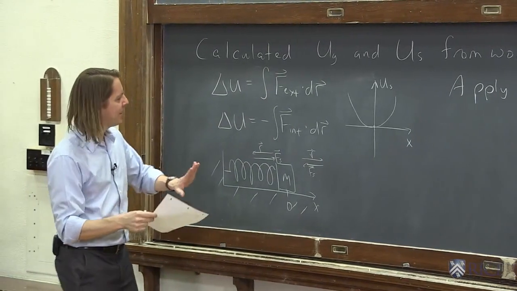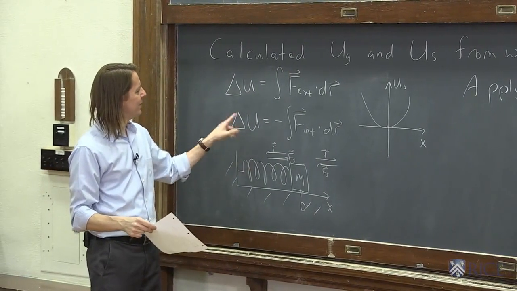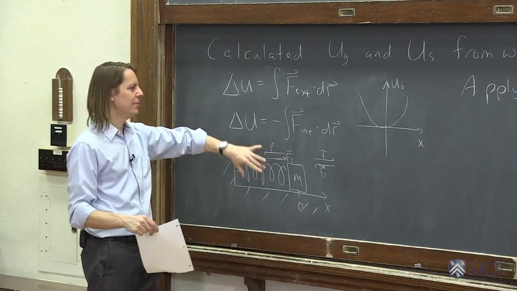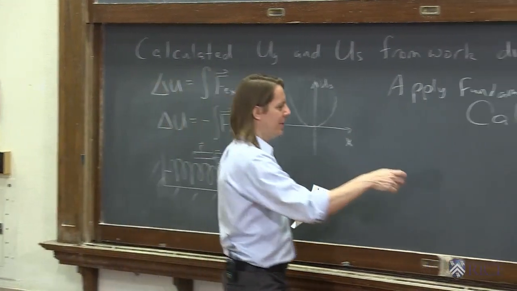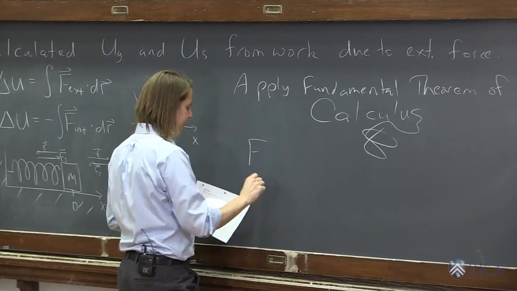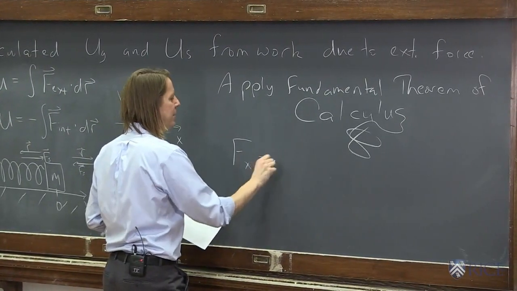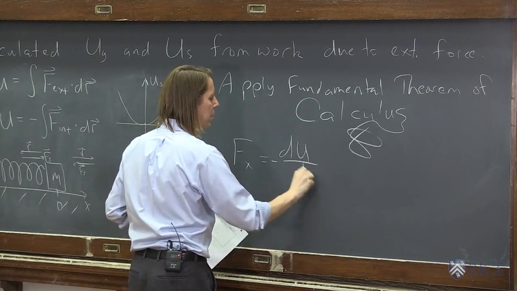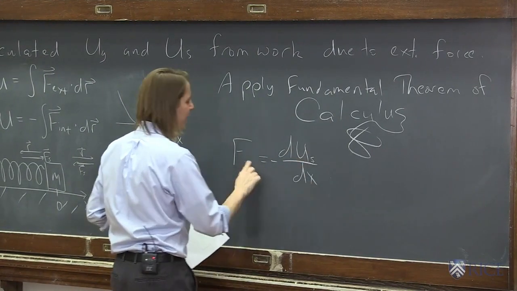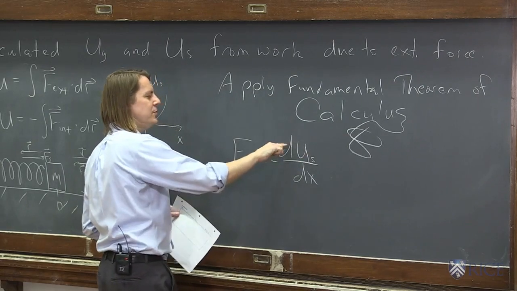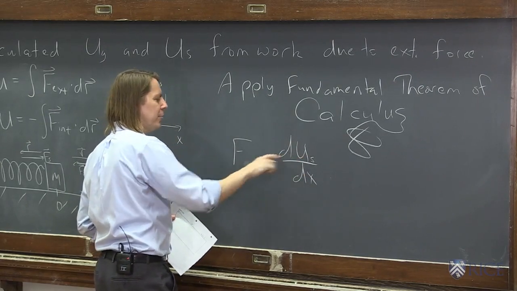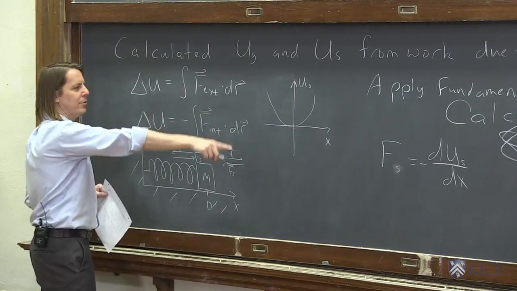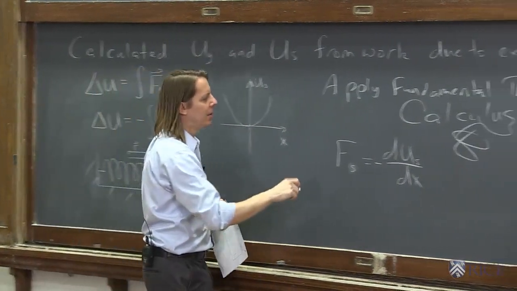So if the difference in this function is the integral of its derivative over a region, then you can flip it around and say that the derivative of the function we're looking for, in one dimension, f in the x direction, is minus dU/dx. In this case, we'll put s's. The minus spatial derivative of the spring energy is equal to the force of the spring. All we've done is apply the fundamental theorem of calculus, and we kept the negative sign along for the ride.